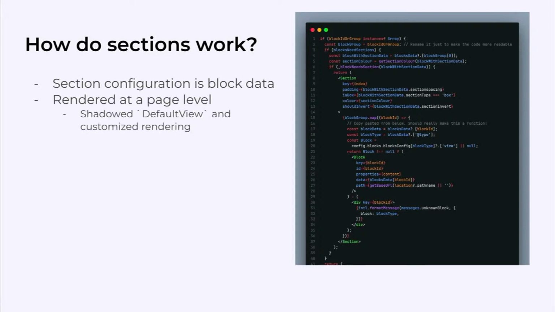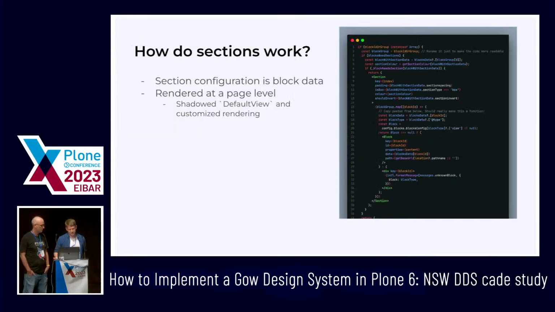We shadow the default view component, which is essentially what normally would render your blocks. It does mean we have some re-implementation to do. For example, if you want to add some block support to an event view, you've got to reshadow that one as well, but we wanted to really ensure we could use blocks for whatever we want later.